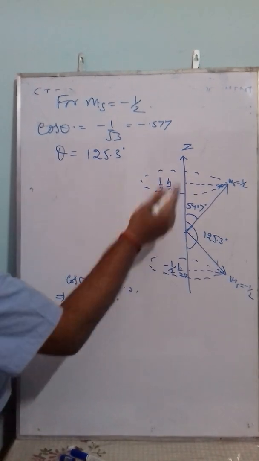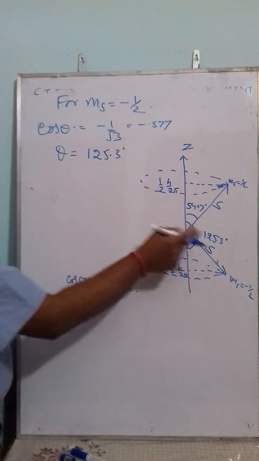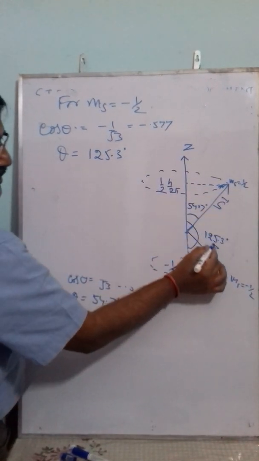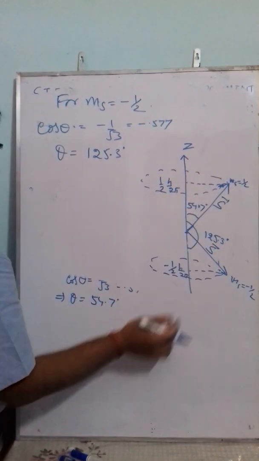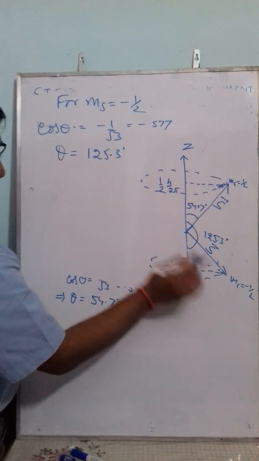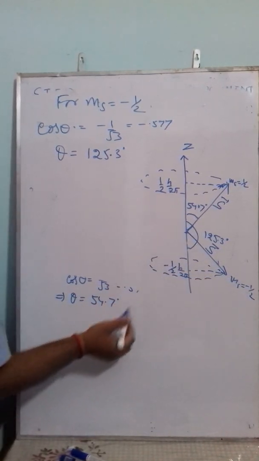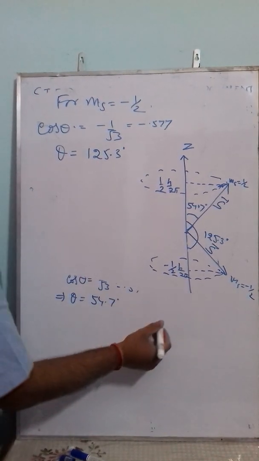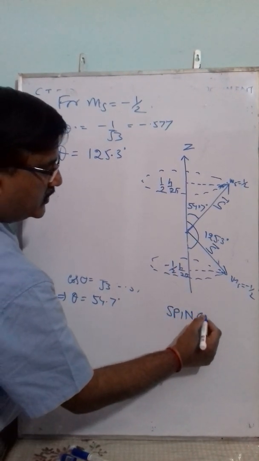If small s is half, then capital S precesses at an angle of 54.7 degrees for ms equal to plus half, and for ms equal to minus half it precesses about this axis at 125.3 degrees. So this is about the spin orientations.